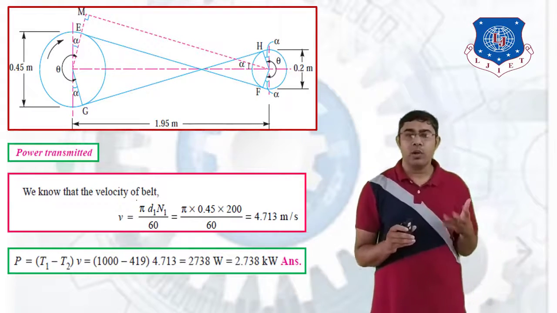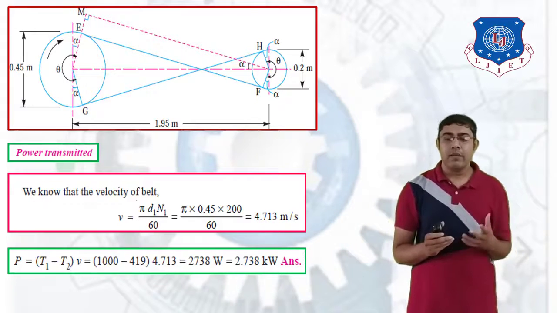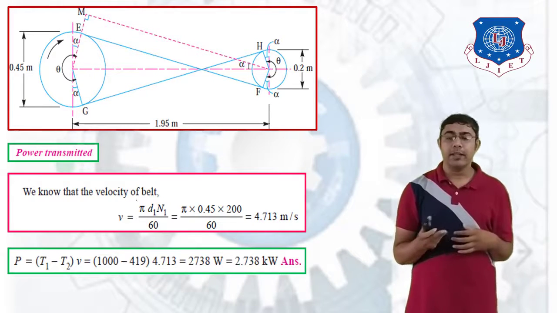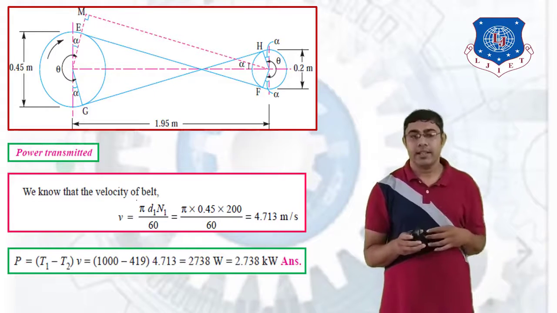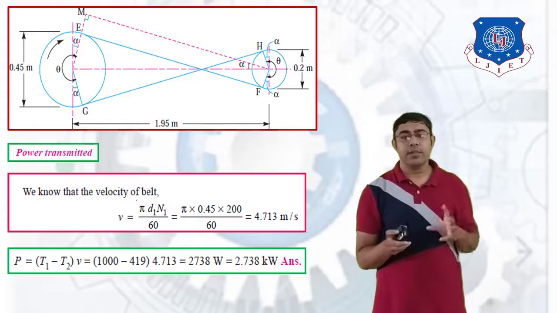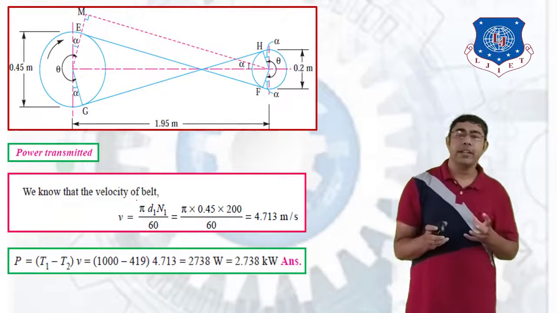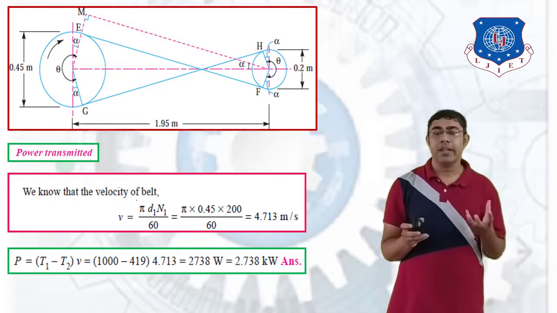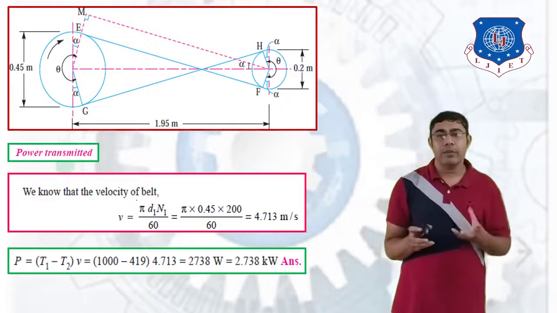So if we place all these values in this equation, we get the power P in terms of watt, that is 2738 watt, and if we convert into kilowatt, that becomes 2.738 kilowatt, and that is our third answer. So this is the first problem, and in this problem we calculated the power transmitted by the belt and the contact angle between pulley and belt, and also we calculated the length of the belt.